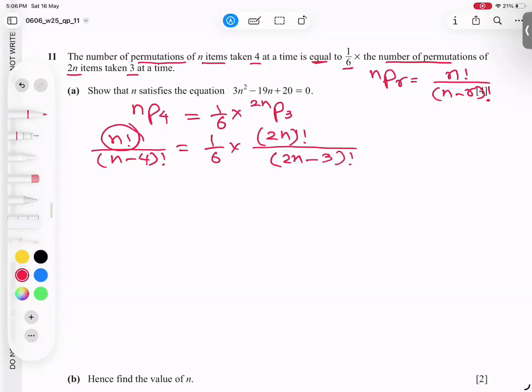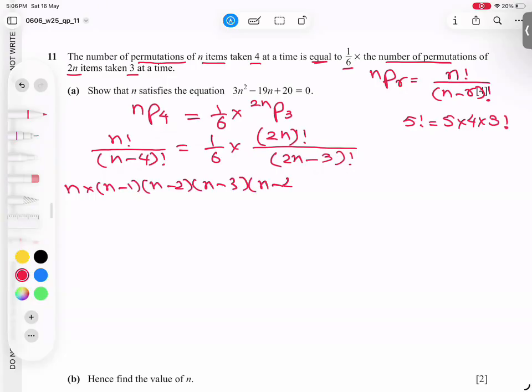Now I want to open it. And what is the rule of expanding? For example, 5 factorial: I can open 5 into 4, and continue until whenever I need to stop, I will put factorial there. So same here. I can expand n into n minus 1, n minus 2, n minus 3, n minus 4. I want to stop here, and they cancel out.